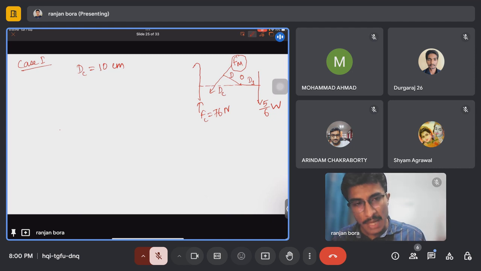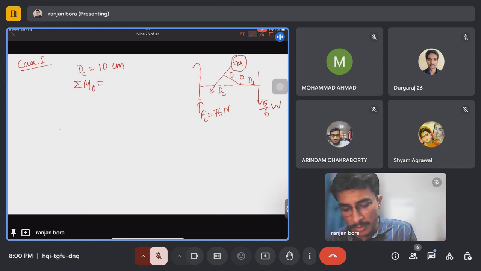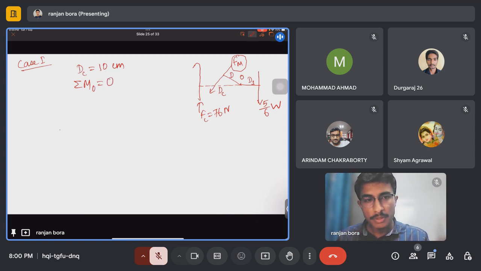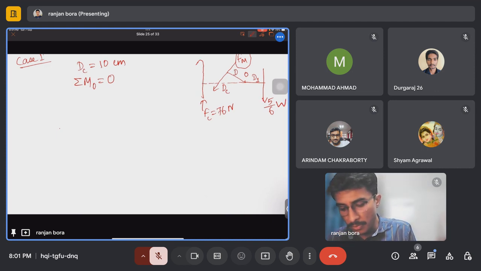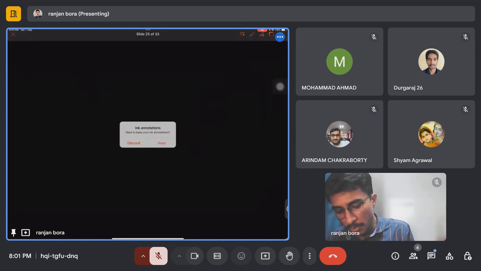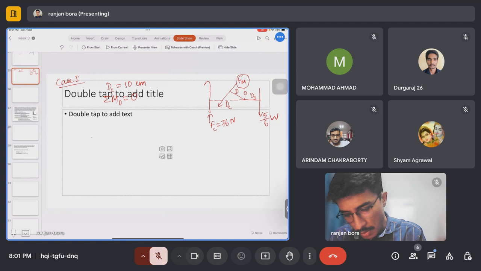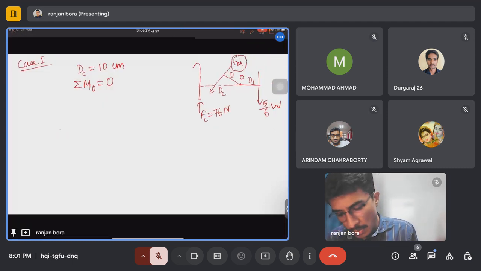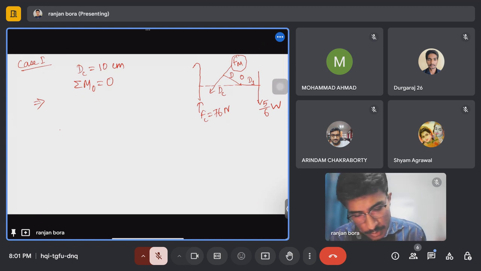Now what I will do is the moment equilibrium about point O. Summation MO equal to 0. Because to remain in equilibrium, the summation of moments about point O should be 0. Because of force Fc, we get a clockwise moment, and I am assuming clockwise moment as positive.